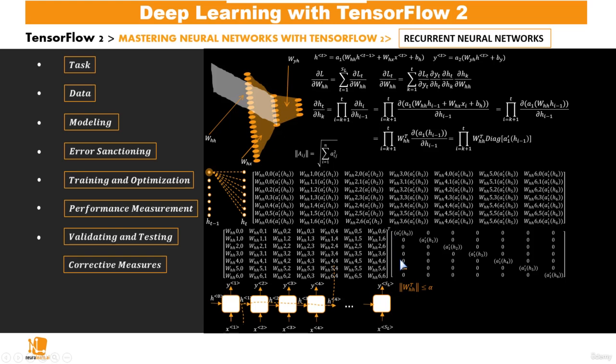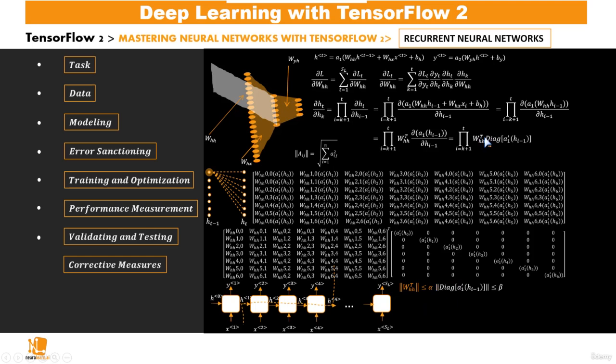Now, we have the L2 norm of this matrix, that's this W_hh matrix transpose, which can be less than or equal to a constant alpha. So right here, we're supposing that when training our model, we may arrive at a point where the L2 norm of this matrix has a value less than or equal to a certain constant alpha. So it never goes above this constant alpha.